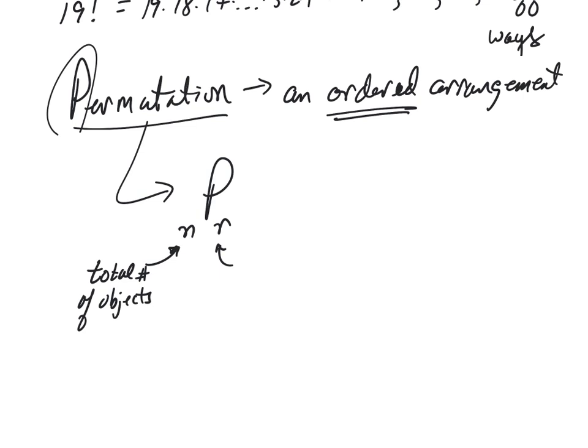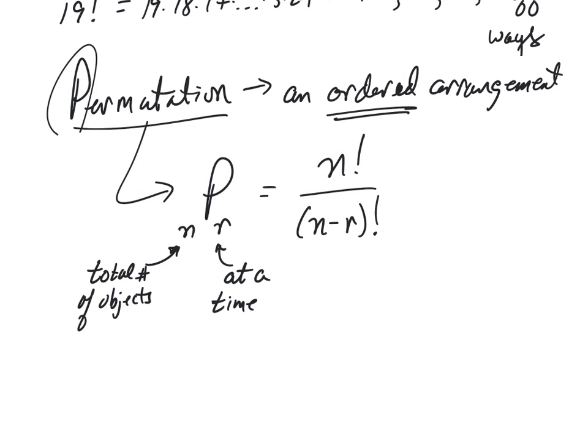And r represents how many at a time we're going to be selecting. There's going to be a formula for this, and I need you to jot it down. The number of permutations of n total objects selected r at a time is n factorial divided by n minus r factorial.